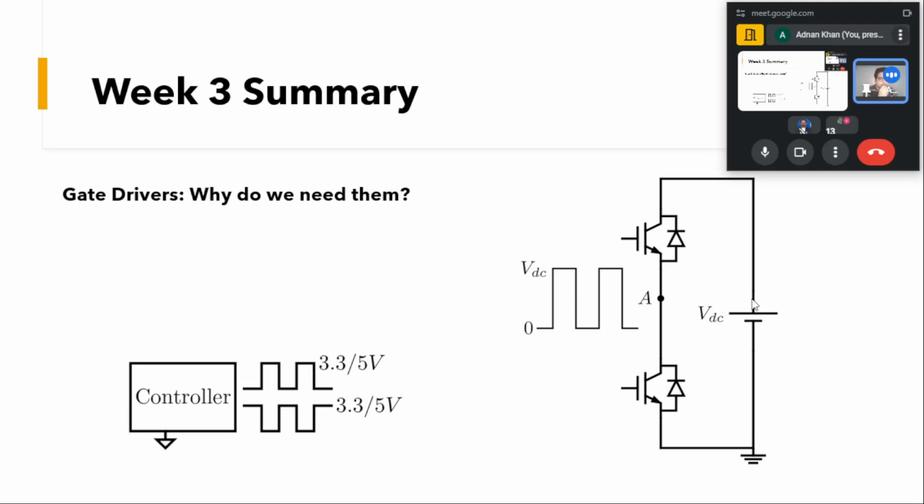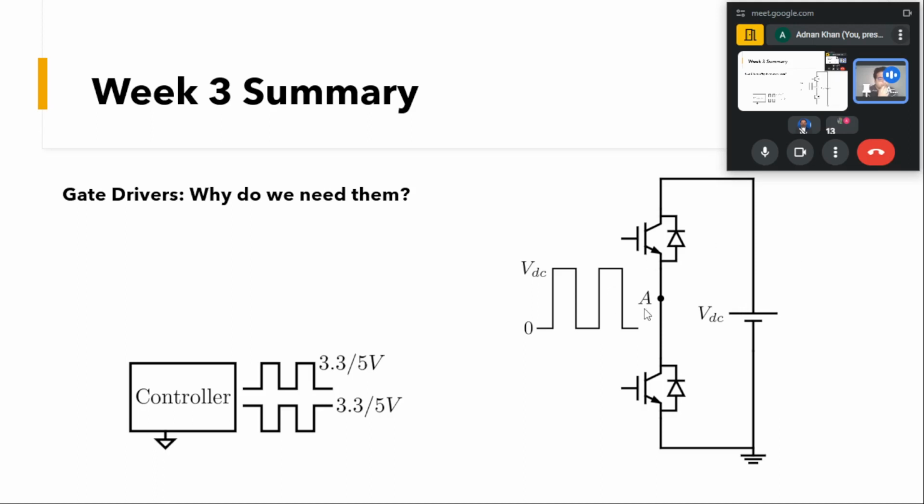This is connected to the positive DC bus, and this one to the negative DC bus. Whenever this top device is on, we know the voltage at point A will be equal to VDC, and when it is off, it will be equal to 0.